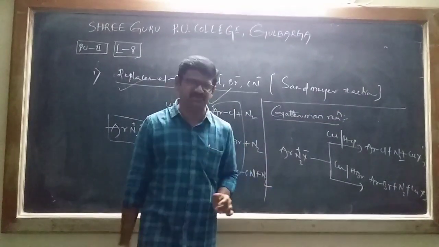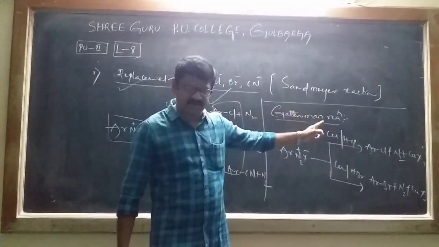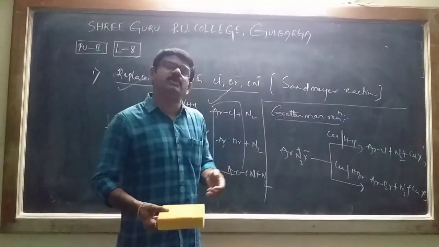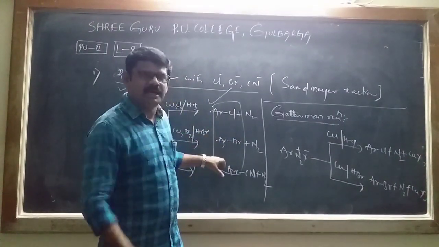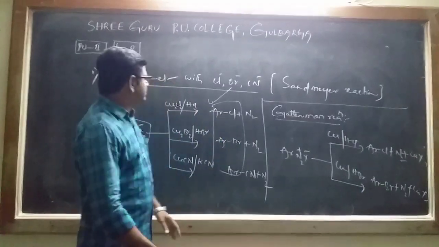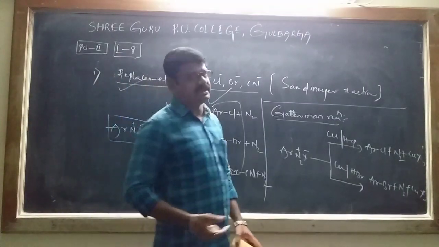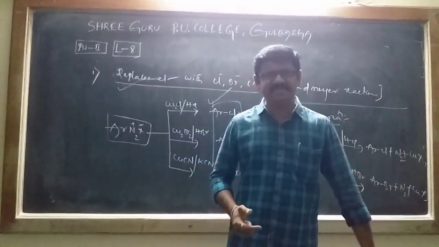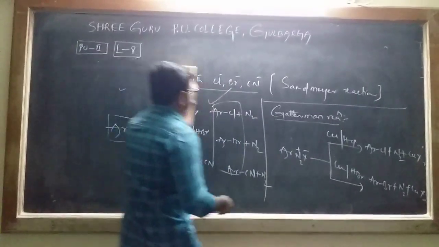It is just a comparison only. When we are comparing the Sandmeyer reaction and the Gattermann reaction, where we will get a more amount of product, obviously in the Sandmeyer reaction we will get more product. That's it. Next, some more reactions we will discuss regarding the displacement of the diazo group.